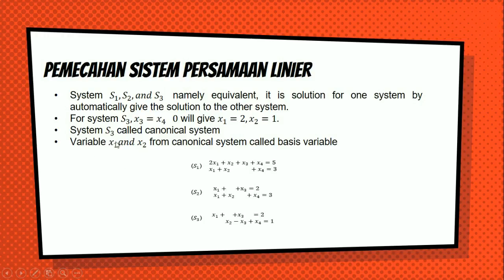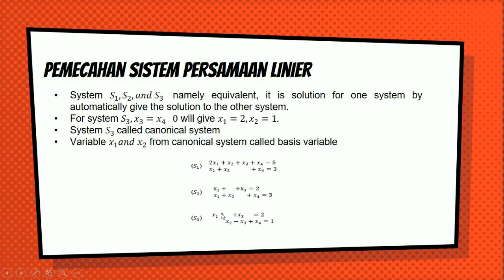And system S3 we call a canonical system. Why? Because x3 is not isolated. x3 has kind of friends in another equation, and x1 and x2 are isolated, or called basis variables, because they don't have friends.